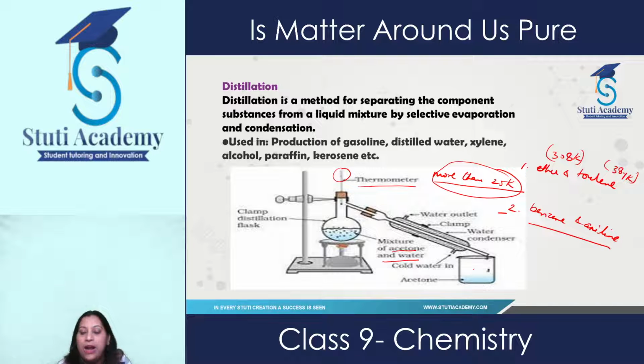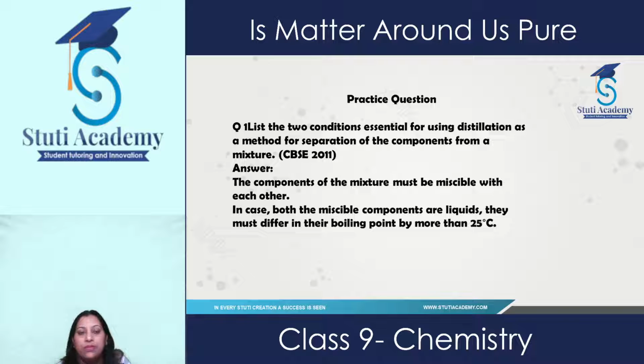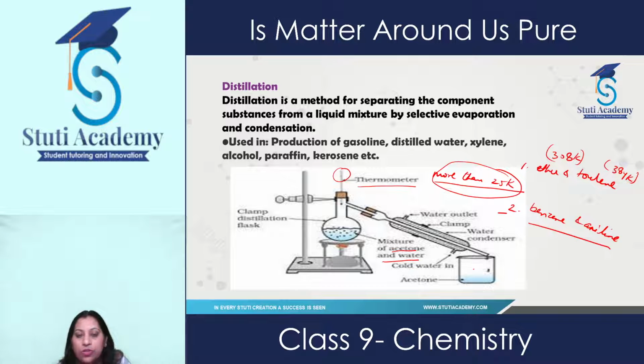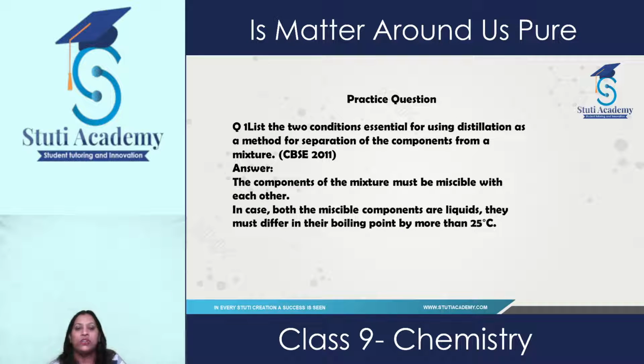Now, apart from this distillation, first I'll discuss a question which comes in exam on the basis of this distillation method. List two conditions essential for using distillation as a method for the separation of components. First is the components of the mixture must be miscible with each other.